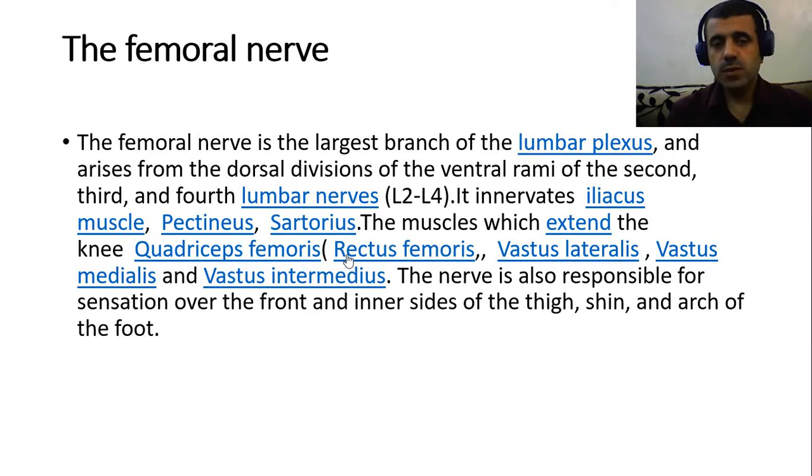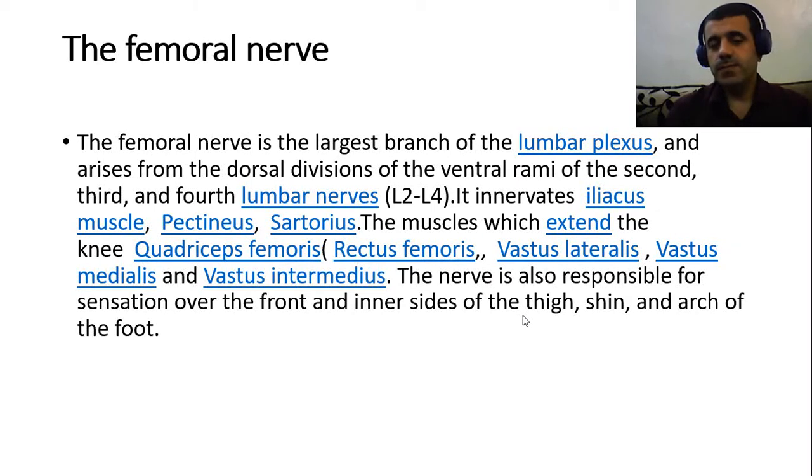So these muscles together are called quadriceps femoris, and they extend the knee. You have flexion and extension of the knee. So extension of the knee is done by the quadriceps femoris, which is composed of these muscles.